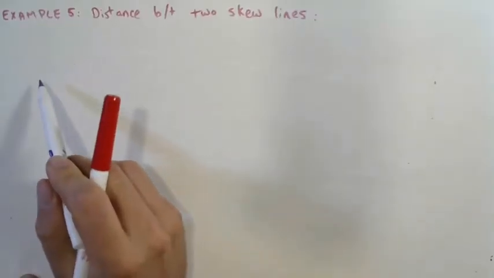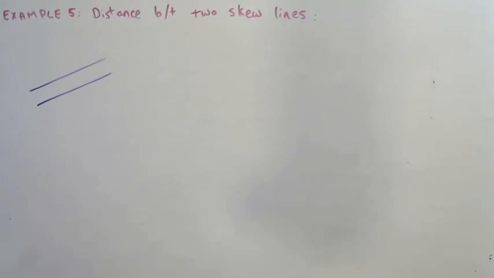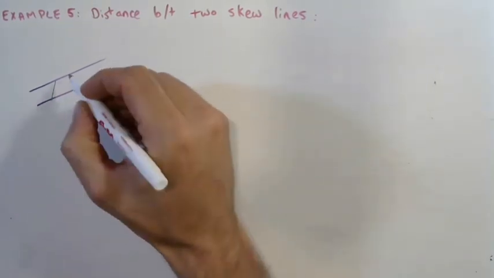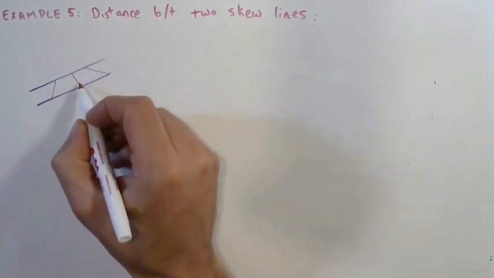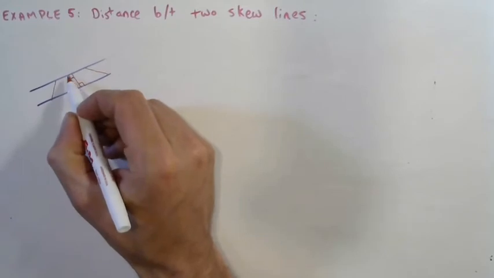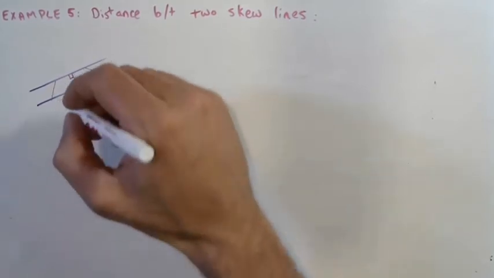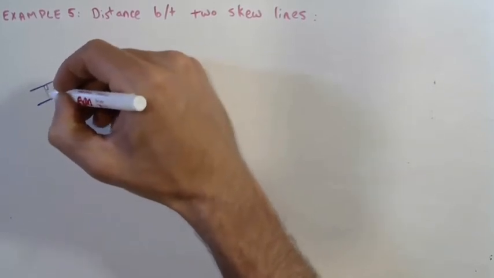Now, if two lines are parallel to one another, and you want to find the shortest distance between those two lines, are you going to take this line, or this line? You're going to take this middle line, and it turns out it's perpendicular to both of those lines. Now in two-dimensional space, that makes sense. This line has the same length, this line has the same length.